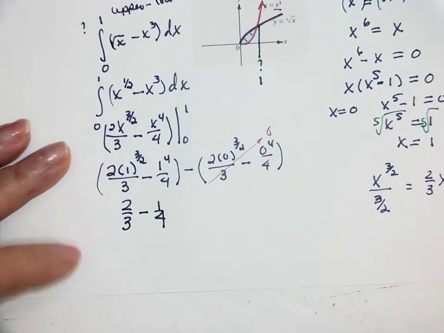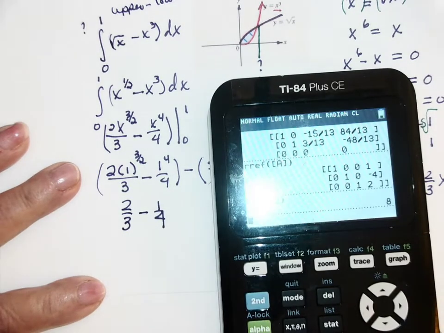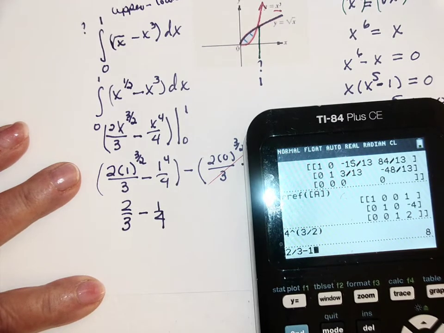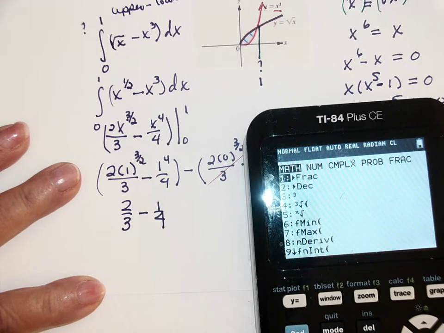Now you can do one of two things. You can use your calculator. So 2 divide 3, minus 1 divide 4 is that. Now if you want a number, by the way, you can go to math and then push it to a fraction.